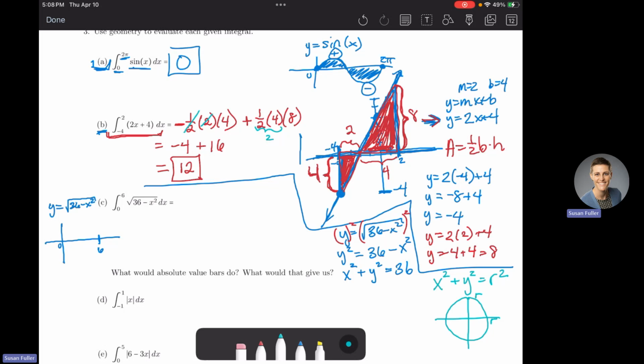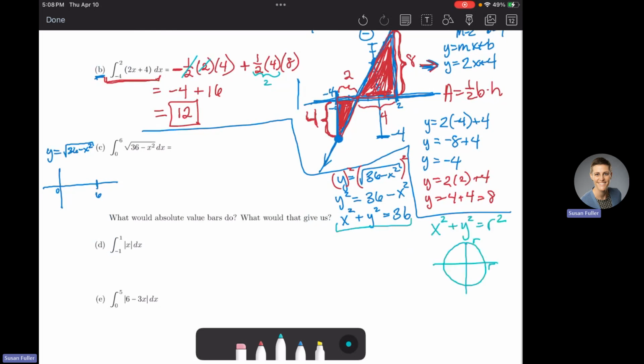So this is actually a circle centered at the origin with a radius of, well, let's see, 36 is r squared. So since 36 equals r squared, I'm going to take the square root of both sides. That means r is 6, right? My radius is 6. Okay, so this is a circle with radius 6.